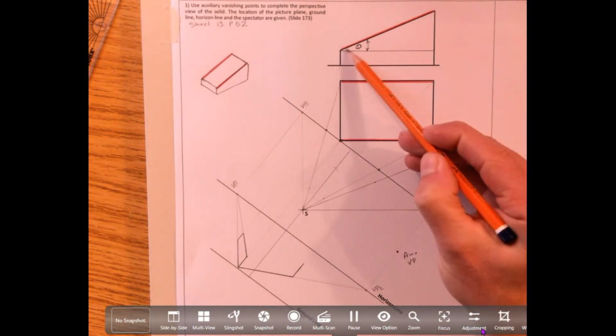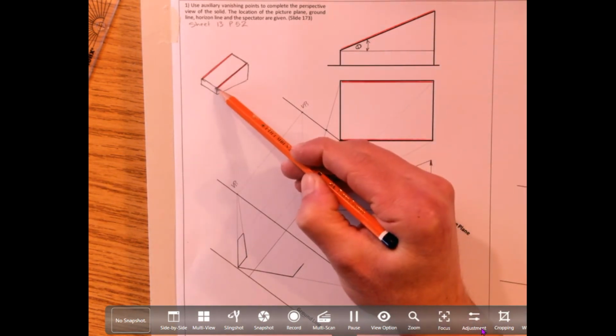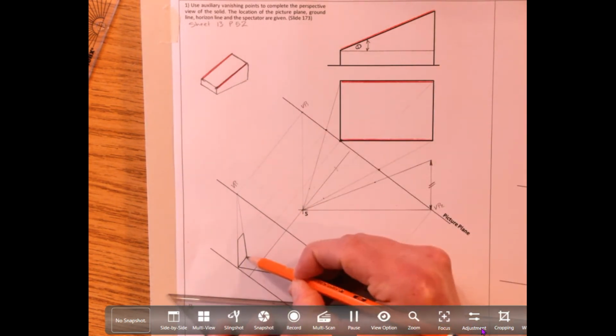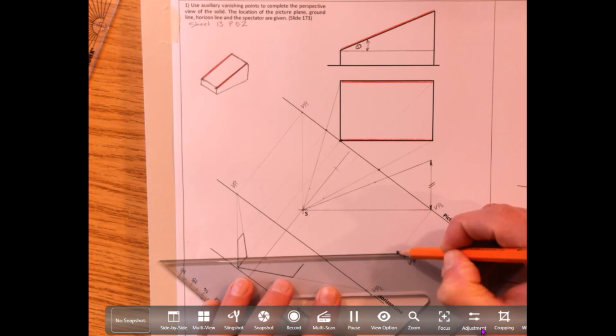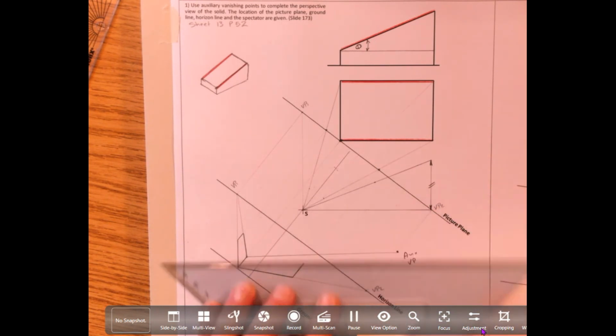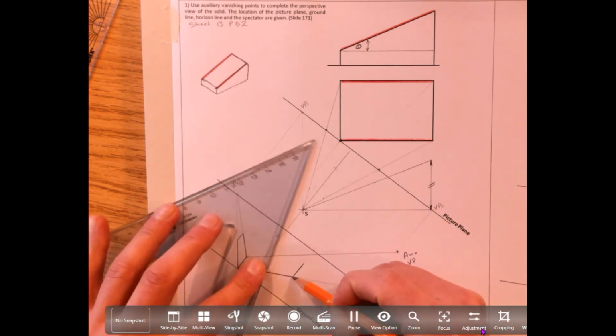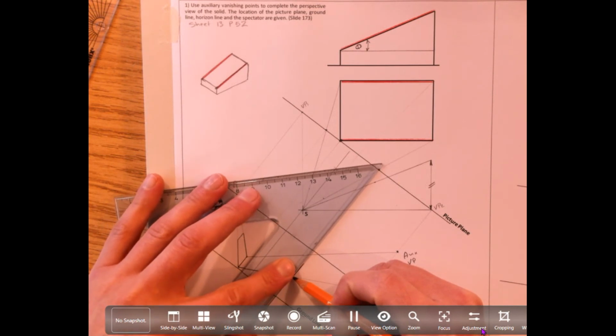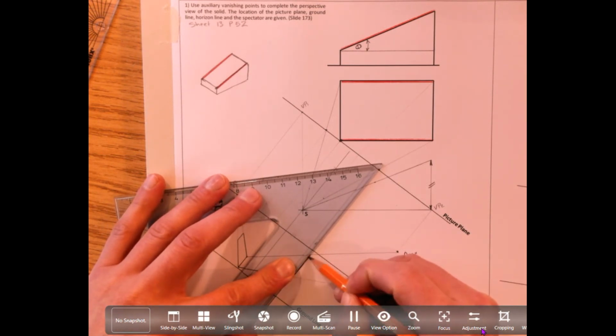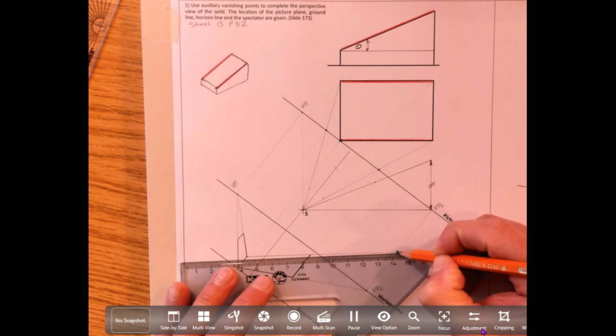I've got my red line, which is from this bottom point up. I vanish the same. So here's my bottom point, up. And that gives me my height. So again, here is my height. So that is the side drawn in.